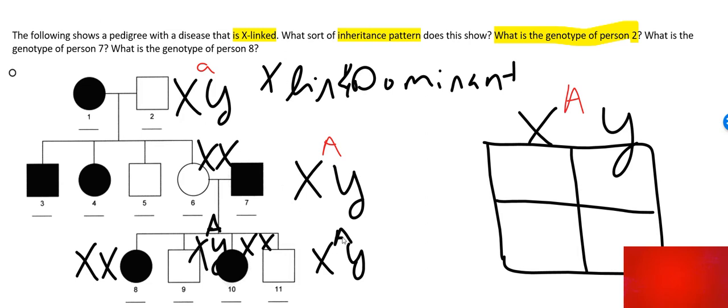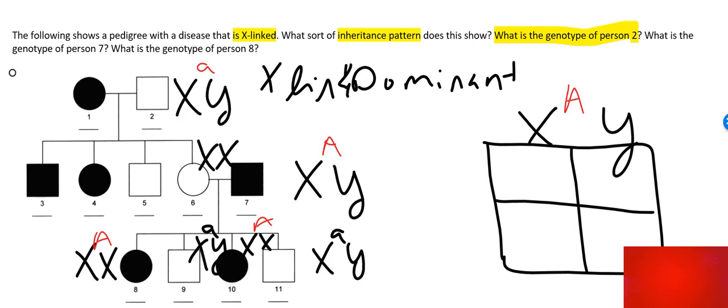So these guys are wrong. Delete. Sorry about that. Because these males are unaffected, they would have the lowercase a's. And this female here has to have at least one uppercase A. Same with this female, she has to have at least one uppercase A.